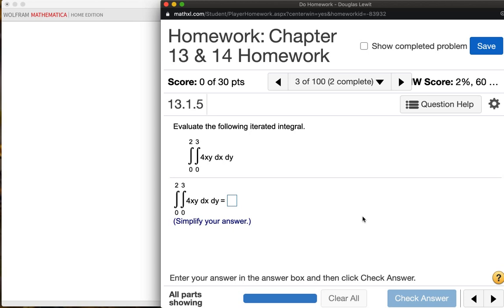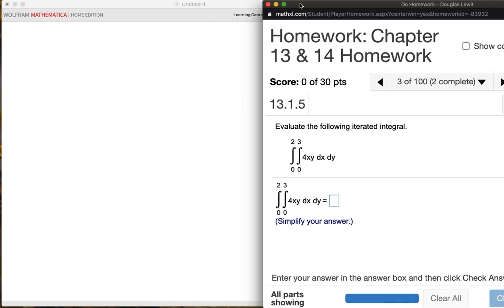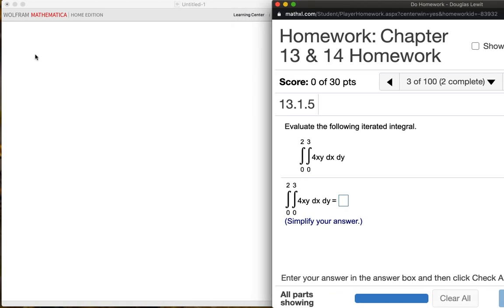Okay, so we have to evaluate the following iterated integral. An iterated integral is the same as a multiple integral. We can use Mathematica, but sometimes it's good to do these things by hand. So I have 4xy, integrate with respect to x.